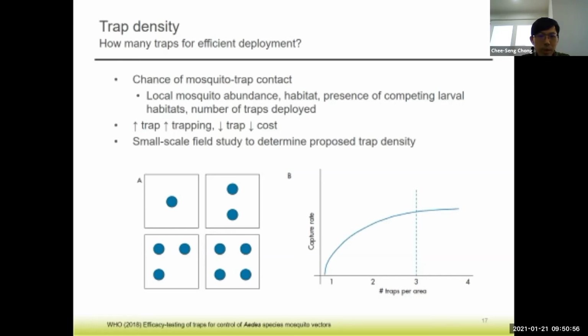The fan-based trap is, in my opinion, very easy for a lot of communities to start working with, because you probably need to procure other traps as well. But if you have a chance to test these few traps in a village or a community, try a few and see which one is the best for that particular location itself.